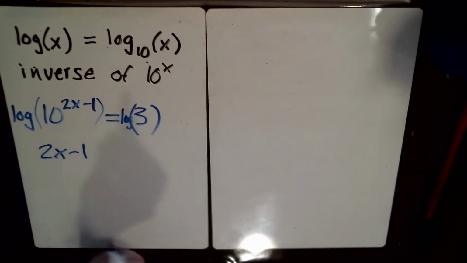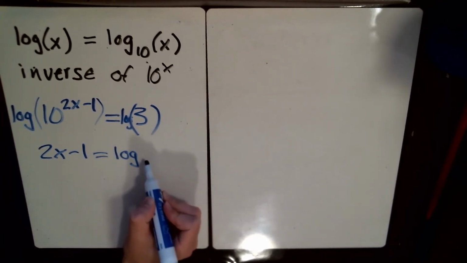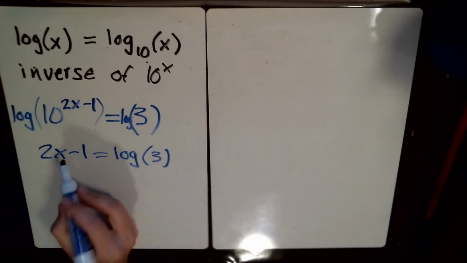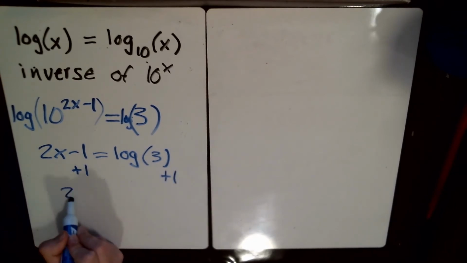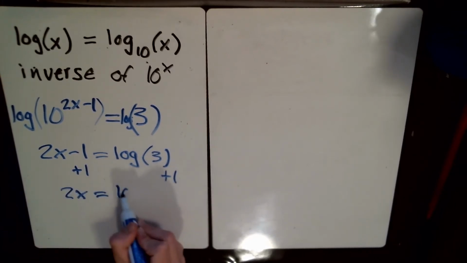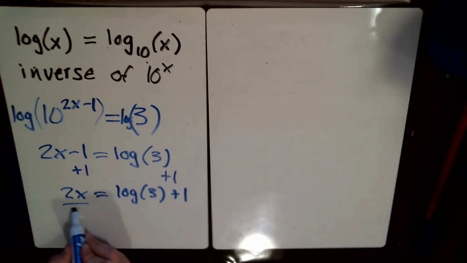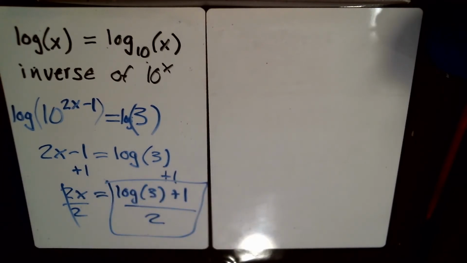We just get 2x minus 1 is log base 10 of 3. Now I could solve for x: add 1 to both sides, so we get log of 3 plus 1, and then divide by 2 on both sides to get x alone. This would be our answer.